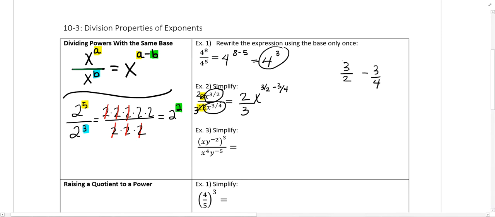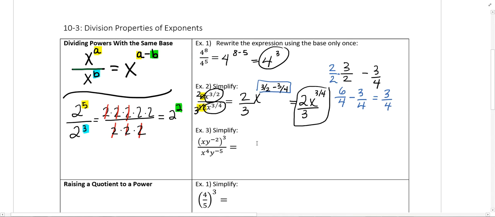The common denominator between 2 and 4 would be 4. So let's multiply this fraction by 2 over 2. That's going to give me 6 over 4 minus 3 over 4. Now 6 minus 3 is 3 over 4. So that's what our new exponent is going to be. So finally, full answer, 2x to the 3/4 over 3.